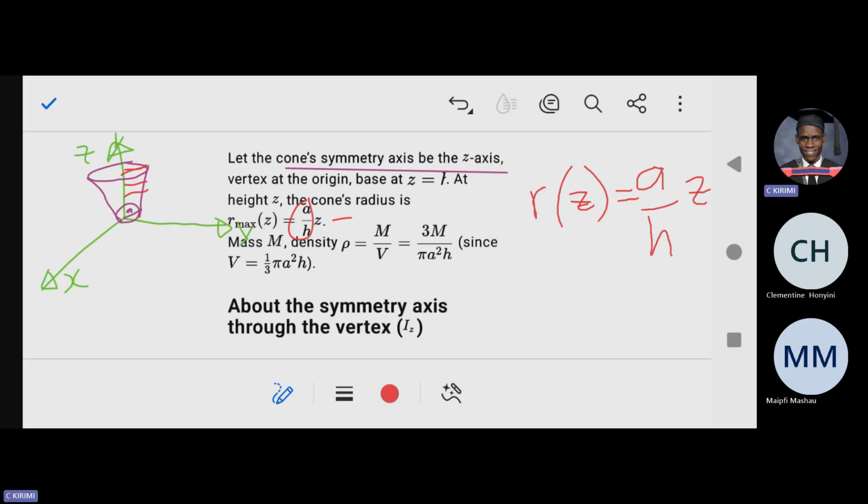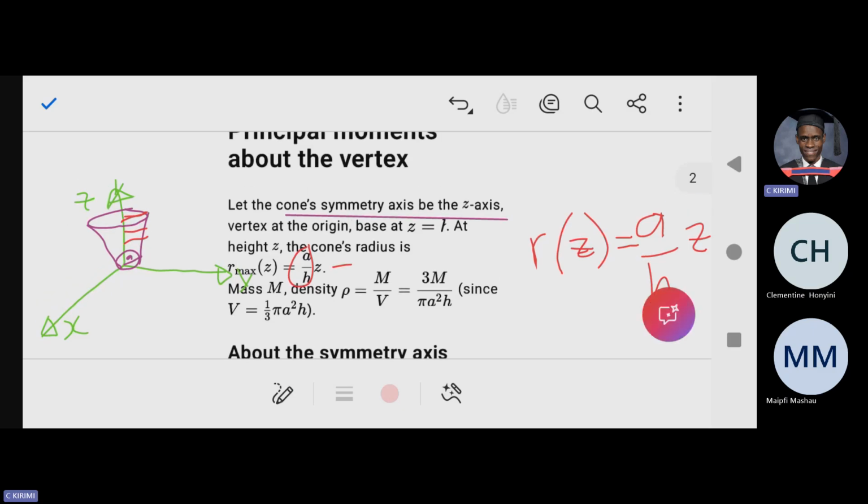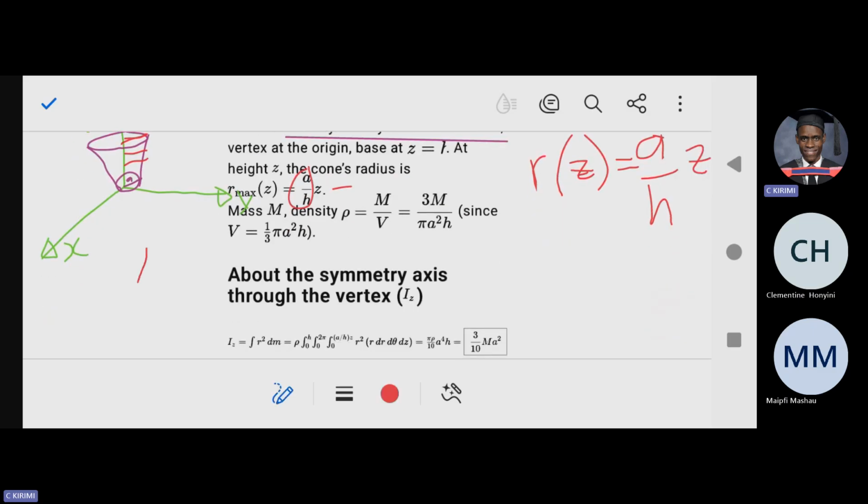Then we just bring in mass in terms of volume and density. That symbol rho, which looks like a bent P, is just the density. Density we know is just mass over volume. What is the volume of a cone?